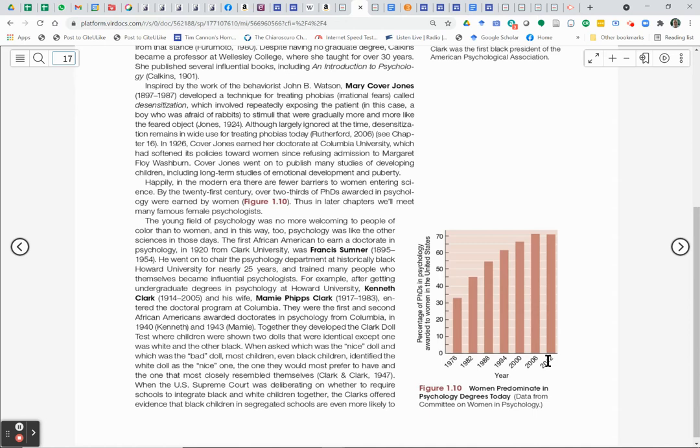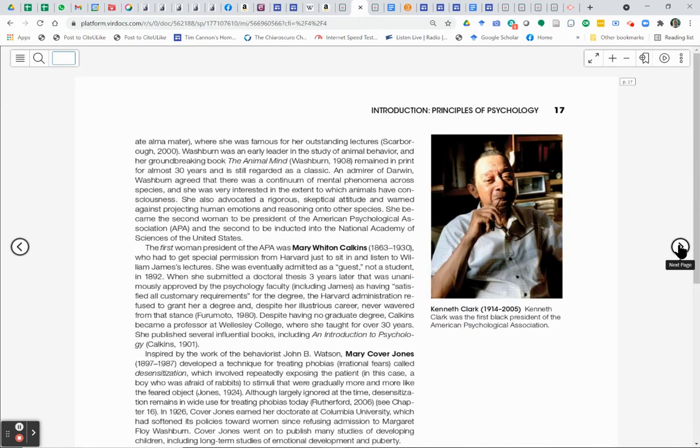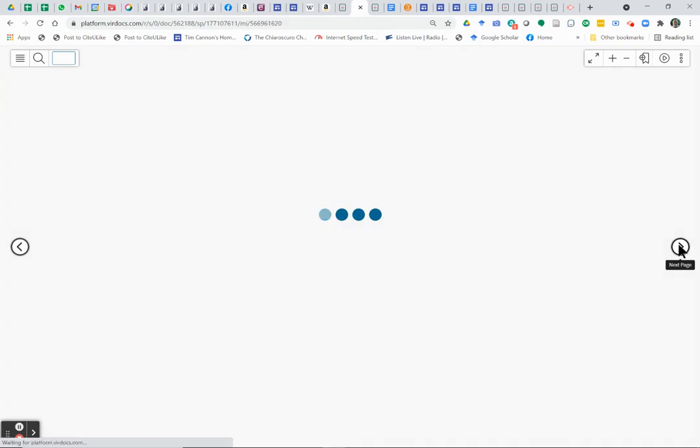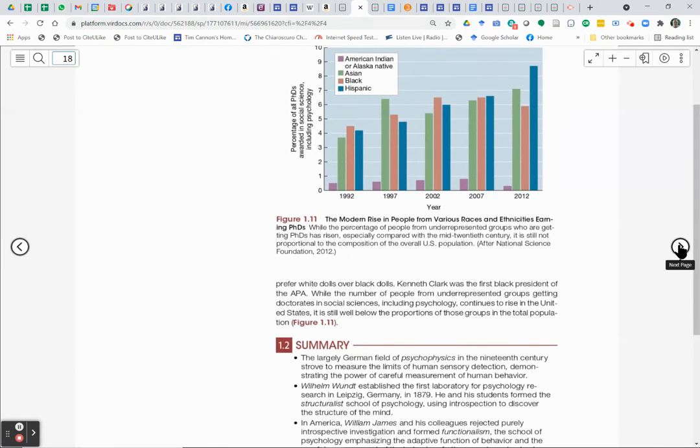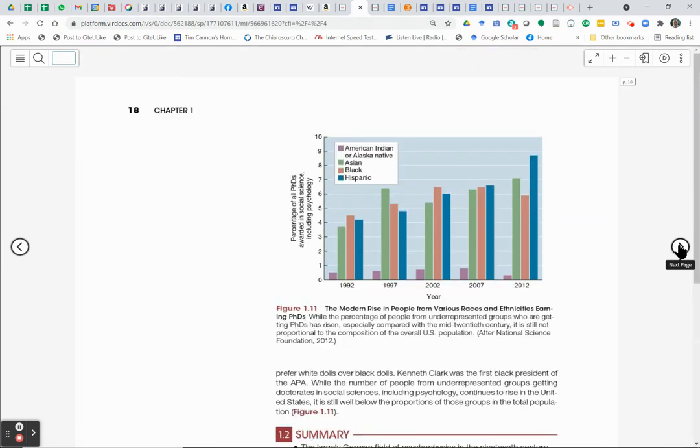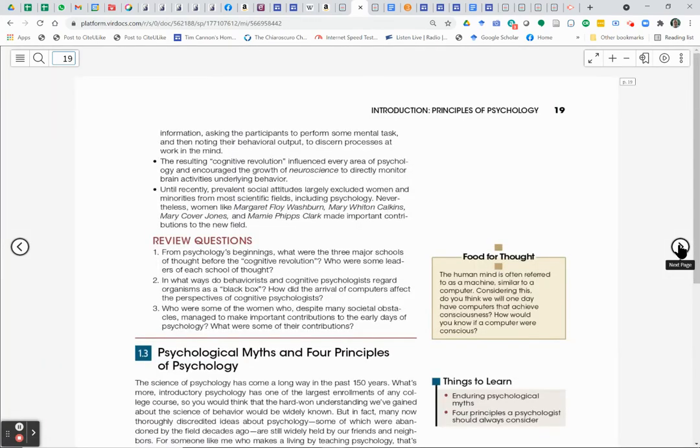This is a discipline that's very friendly to women participating. And these are PhDs by minorities. Look at that y-axis. It only goes up to 10%. So we are lagging behind here for sure.